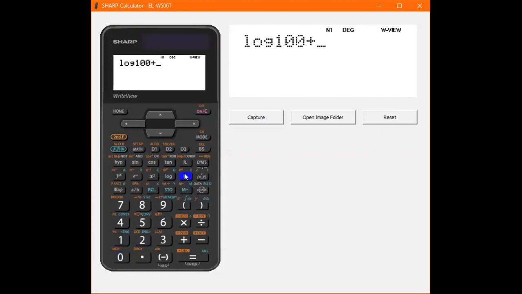Then, let's do them individually, you have a natural log, which uses base E. While we don't necessarily cover this in high school, we do cover it in university, so it's a good thing to know about. And then of course you have a log where you can input your own base. That's just second function and pi, and let's make our base 3 this time, and 81, and just equals. So you just use your arrow key to shift between the different parts of the log.